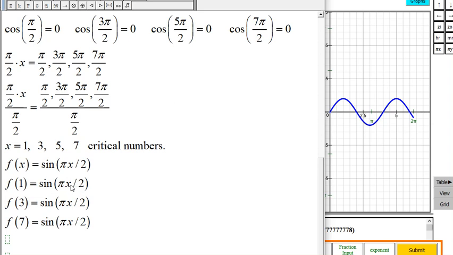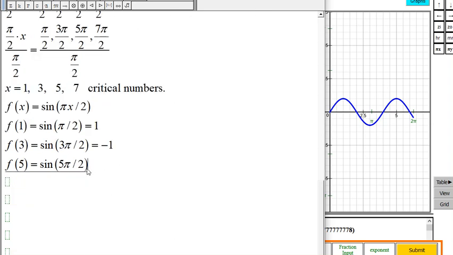So here we have pi times 1 is just pi, and then pi times 3 is 3 pi, and then pi times 5 is just 5 pi. And sine of pi over 2 is 1, and then this is negative 1, and then this is 1.